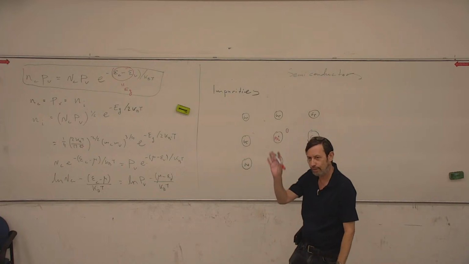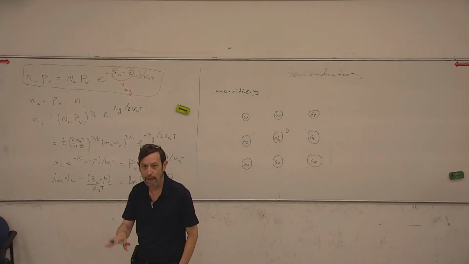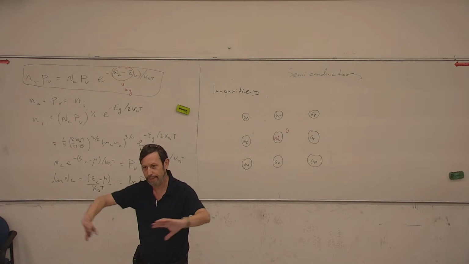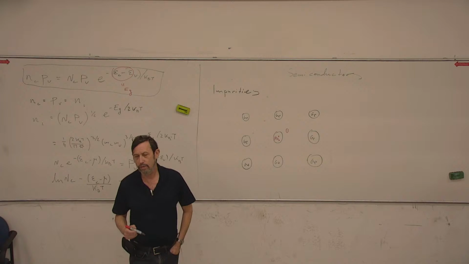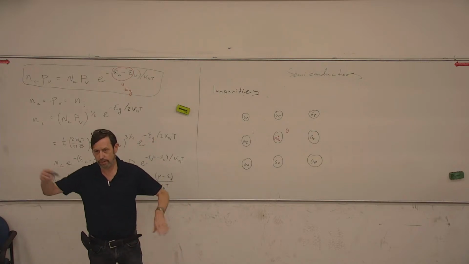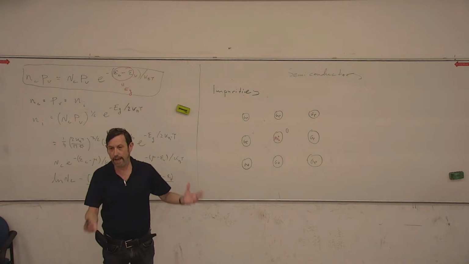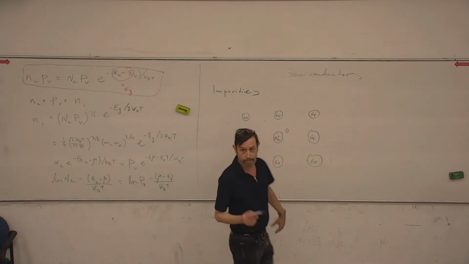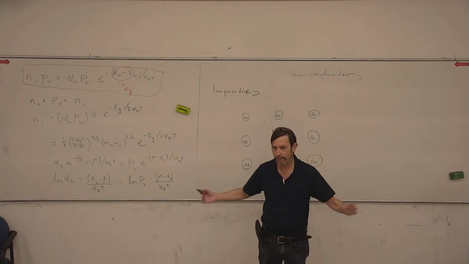The inner core doesn't care about what's happening outside. 4 of the electrons in the valence are chemically satisfied with their covalent bonds with the other atoms. And this guy sees a 1 positive charge. Therefore, we have a hydrogen atom.